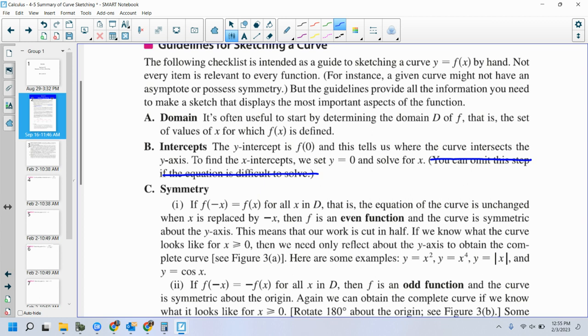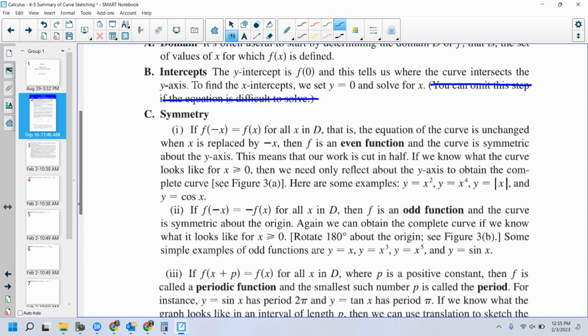It's like, if it's too difficult, just forget about it. Now, the equations that I give you, you should be able to find the x-intercepts. The y-intercept should be super easy. Just plug in 0 for x and see what you get. That's your y-intercept. Finding the x-intercepts may be a little bit more difficult. You basically set the equation equal to 0 and then solve for x. But we've been doing that since Algebra 1, right?